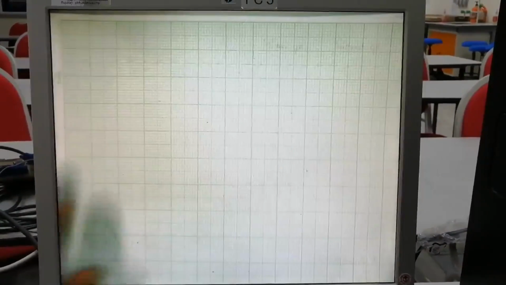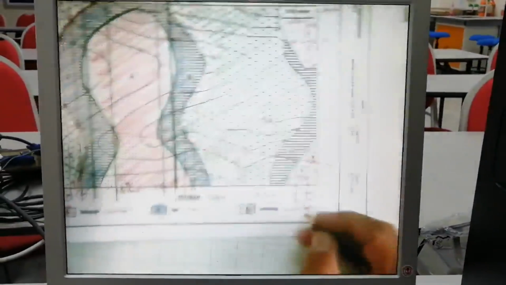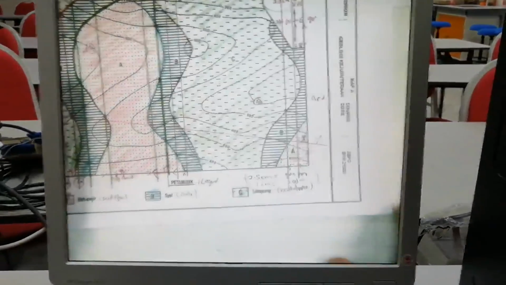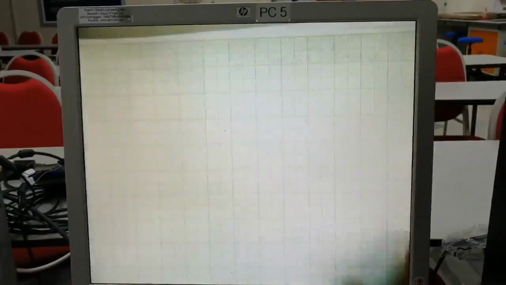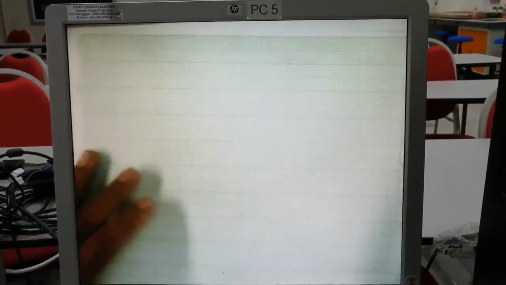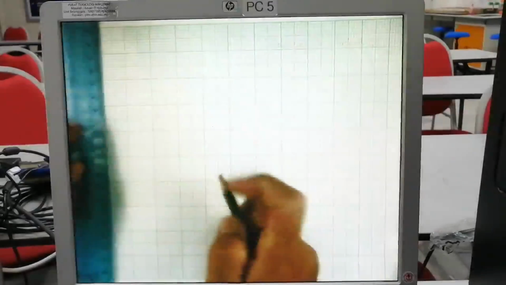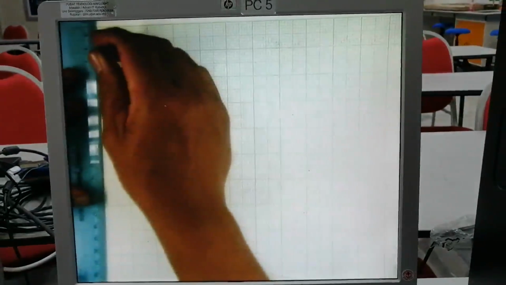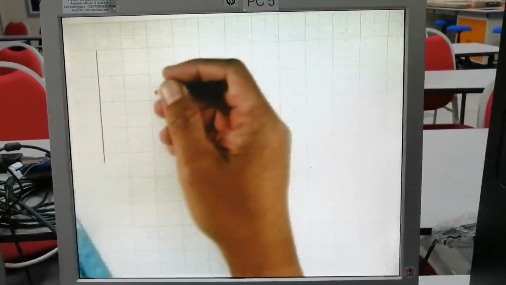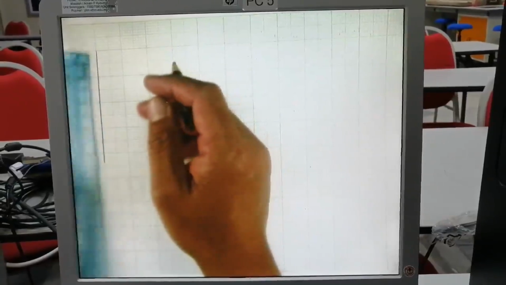In this case, we know from our legend here that 1 centimeter is 200 meters, or 2.5 centimeters is 500 meters. So your drawing must be according to that scale. So 1 centimeter is equivalent to 200 meters.